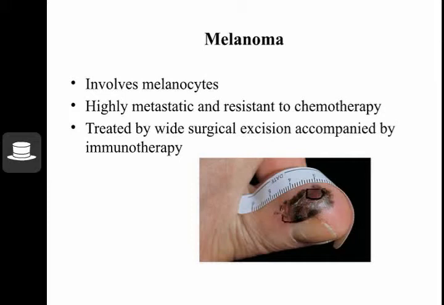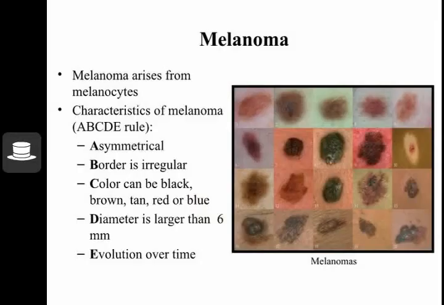It's all over the place. It's a very dark color, and so it's hitting all of these check marks, right? It's asymmetric, irregular border, a dark color. The diameter is much larger than 6, and so that's really clearly filling out 4 of the tick boxes for a possible melanoma. It needs to be checked by a dermatologist.